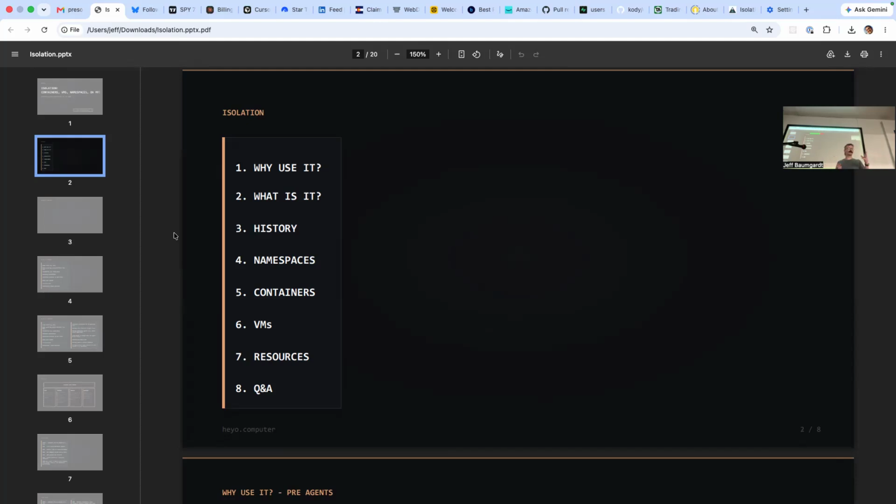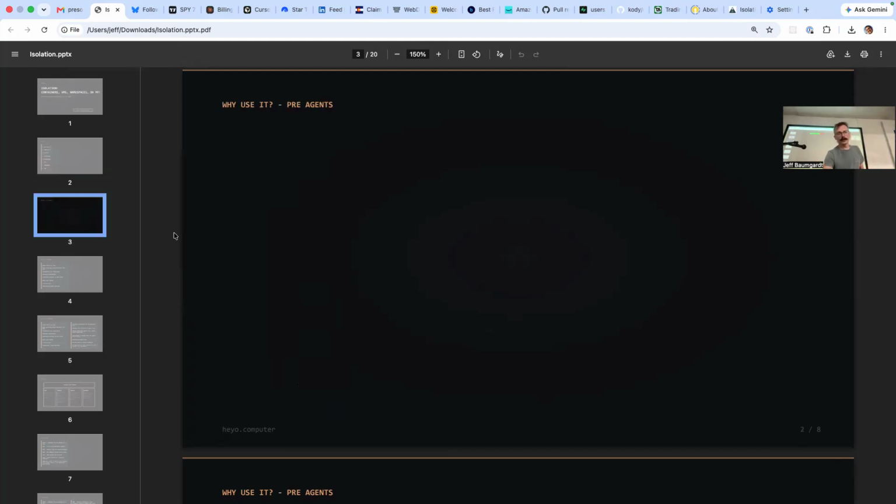I find this really helps frame where we're at in 2026 and the solutions that are required, especially when we start talking about agents, which I think most people are probably interested in. And then we're going to get into the actual mechanics here: namespaces, which I'm using for a group of technologies for isolation systems, containers, and then virtual machines. And if anybody's interested in this presentation, we have a lot of resources as well.